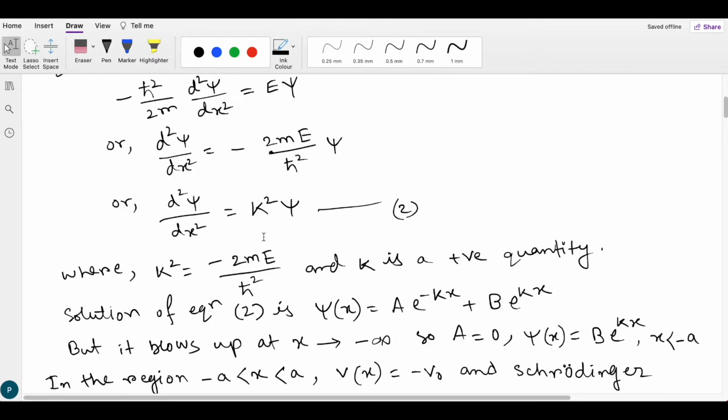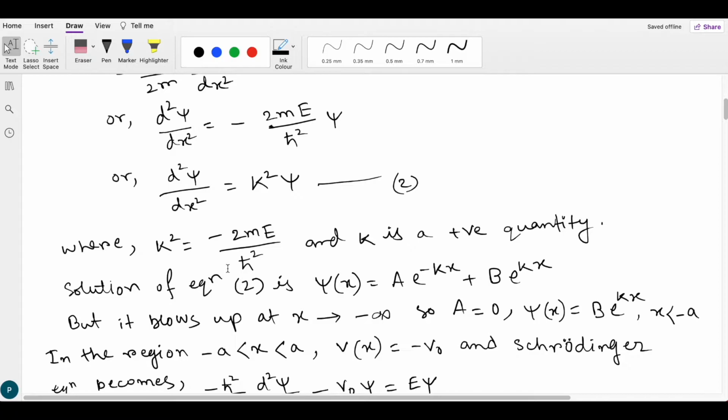Solution of equation 2 is psi equals A e to the power minus kx plus B e to the power kx. We know this is the standard form of the solution of these kinds of equations, but it blows up as x tends to minus infinity.